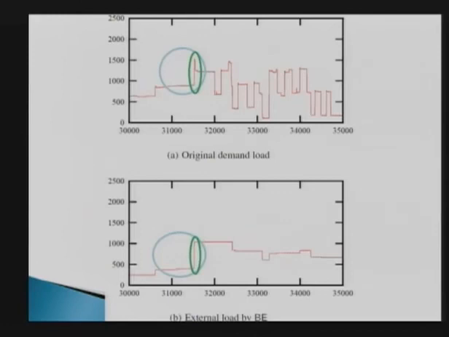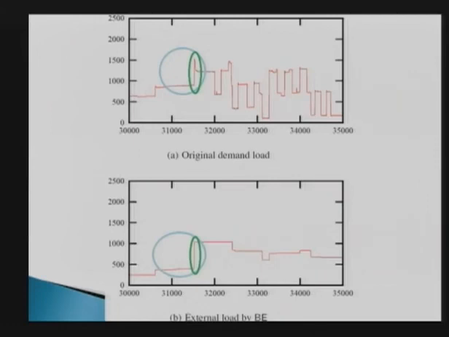Here I give an example of the output of the best effort algorithm. The upper figure is the actual load profile, and the bottom figure is the result from the best effort algorithm.